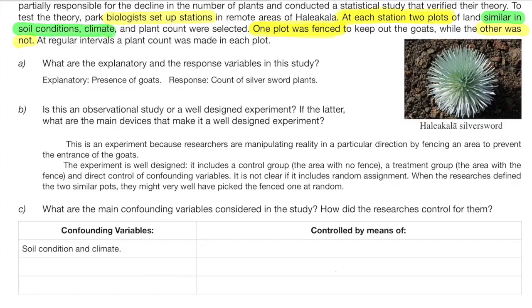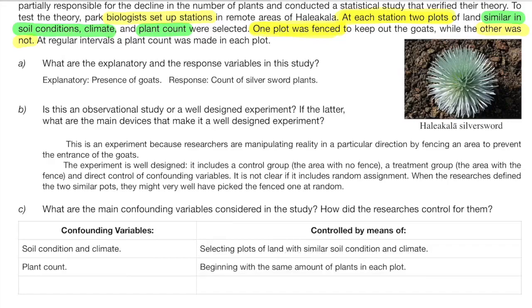This is direct control. Another obvious one is plant count. In each station, we want to begin with the same amount of plants in the fenced area as in the non-fenced area. Researchers made sure that the counts were similar or the same. And there is at least another confounding variable that researchers controlled for directly.